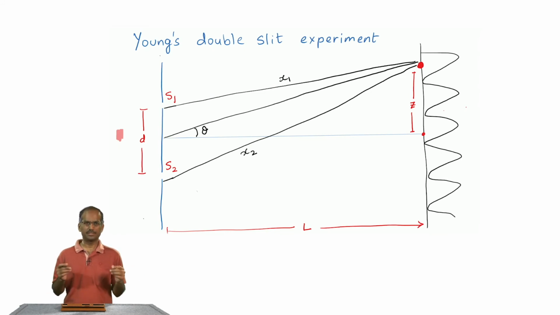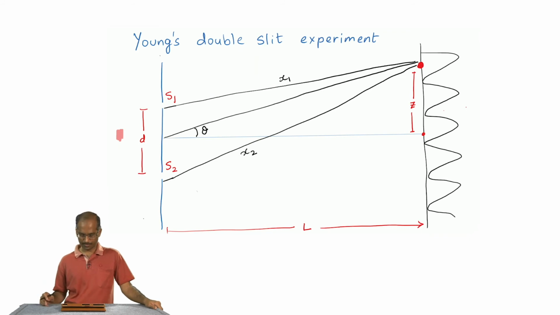To begin with, it is easier to assume that S1 and S2 would be point sources of light, and S1 and S2 are separated by a distance d.